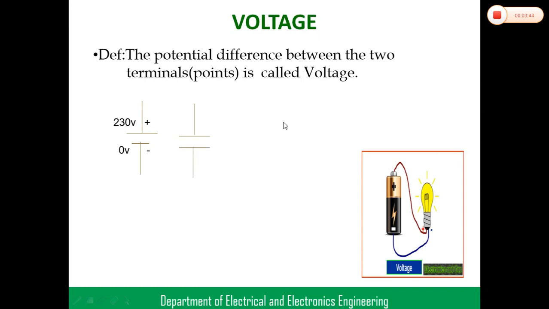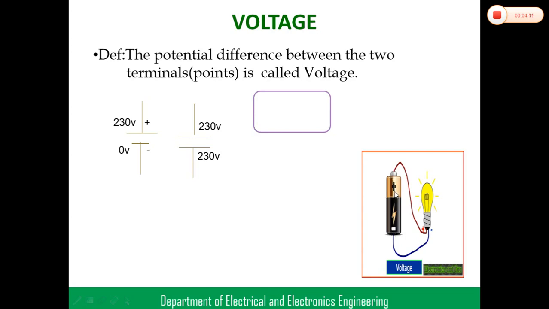I will take another example. Take 2 terminals, this is 230 volts and this is also 230 volts. The potential difference between these 2 terminals is 230 minus 230, equal to 0. First, let us take this source in the place of a battery. Here I am taking a small diagram, where this is plus and this is minus.